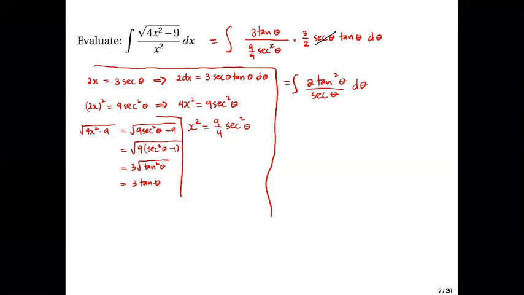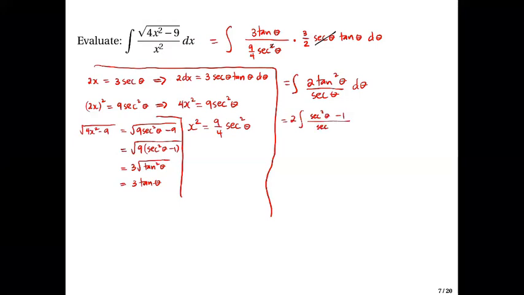And then from here, what we can do is to transform tangent squared theta. Let me bring out the 2 here. So we'll have 2 integral. Tangent squared theta, that's secant squared theta minus 1.